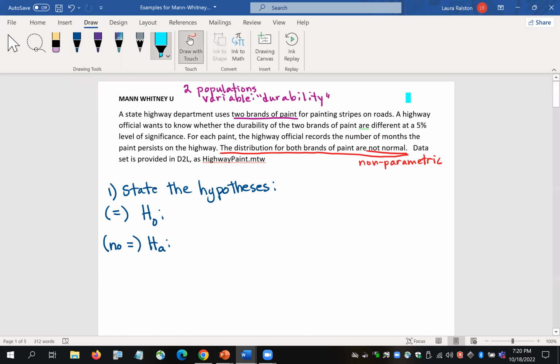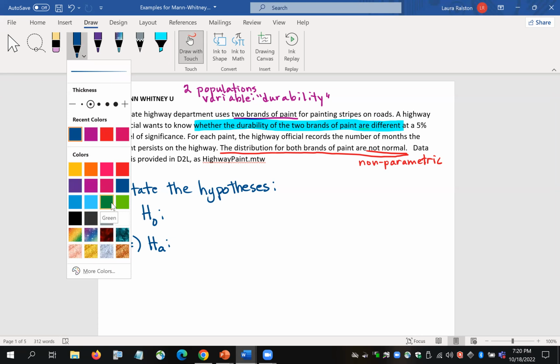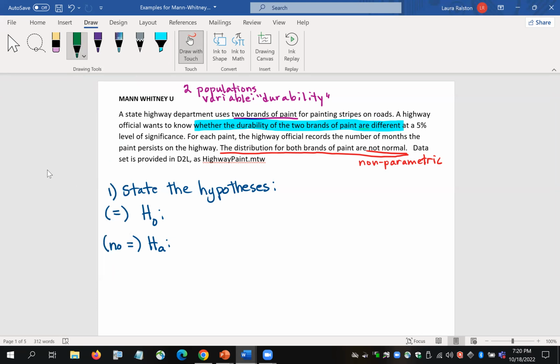So this one says the official wants to know whether the durability of the 2 brands of paint are different. Whether they are different. I see that word different, and that to me means they're not the same, which means they are not equal.